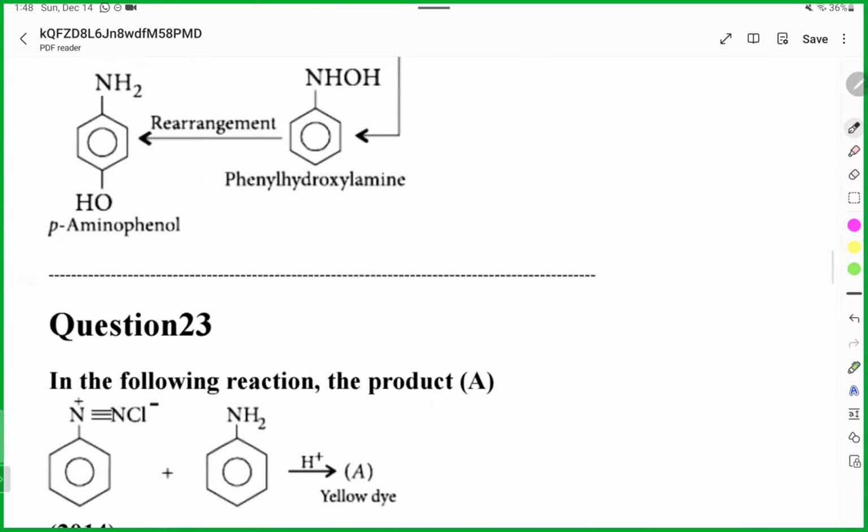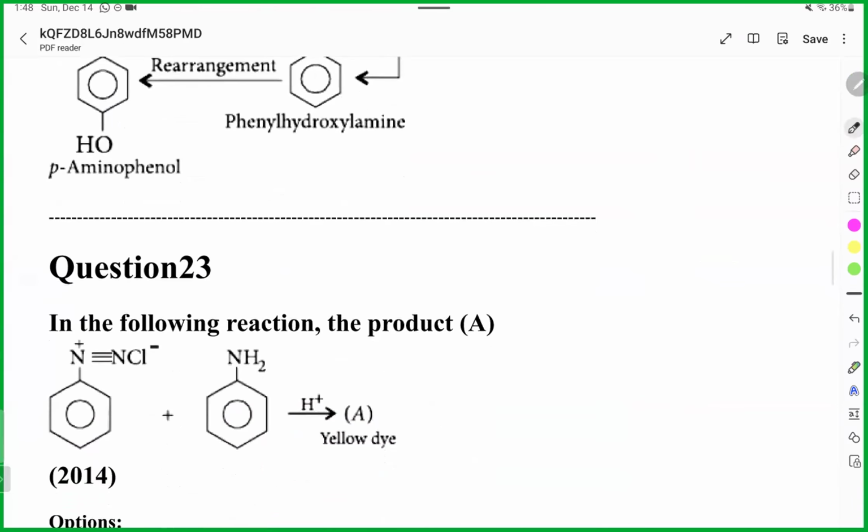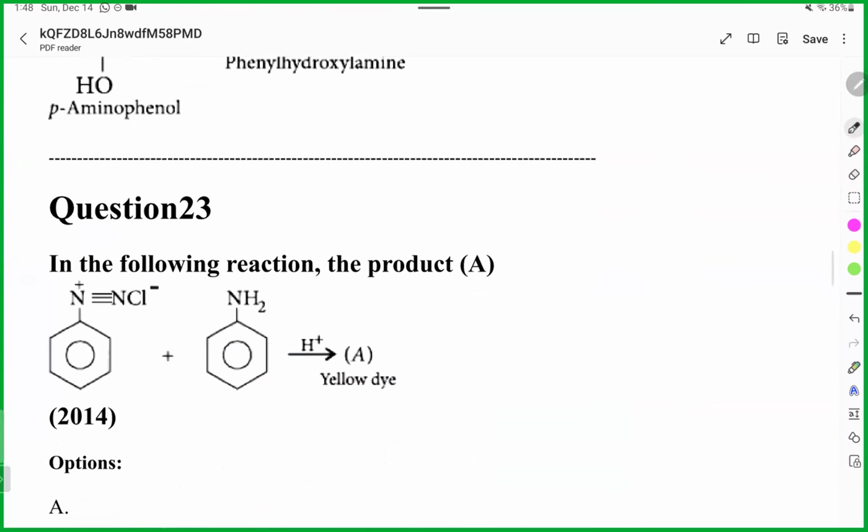Let's do the last question because I'm very hungry and I think this is good enough. We did the majority of this chapter. Anvita.